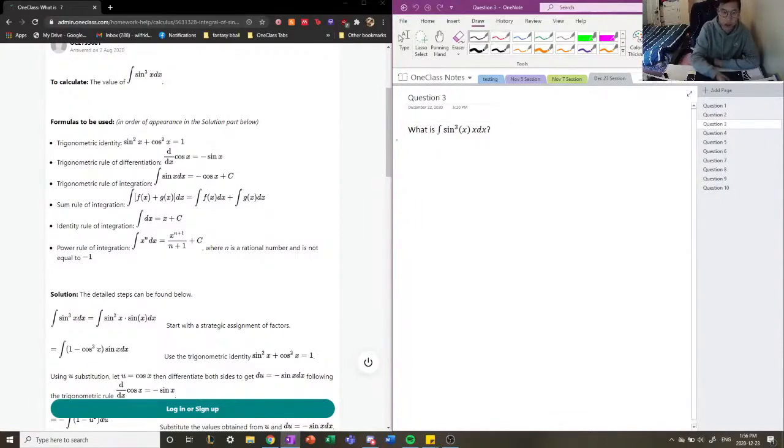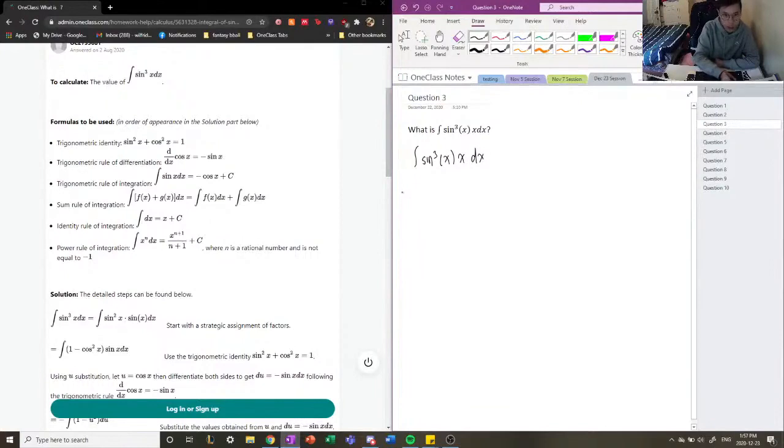I'm going to be referencing these through the solution itself, so just follow along. If you're unsure which one I'm using, just look at this. The first thing we're going to do is write out the integral again. This is an indefinite integral, so we have to include a constant c.